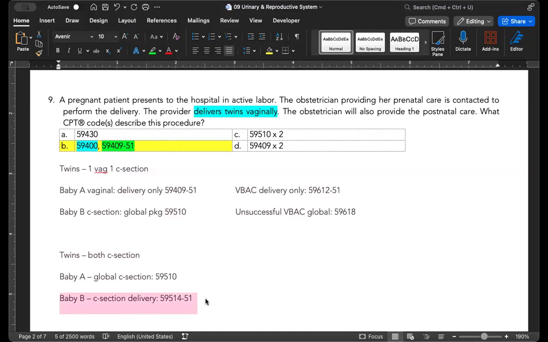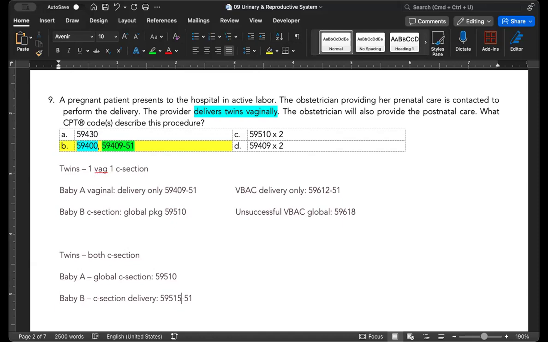Now, it doesn't mean that they're not going to throw a kink into things. They might throw in a 59510 times 2, which wouldn't be right. They might throw in a 59510 and then a 59515, just to see if you're paying attention.